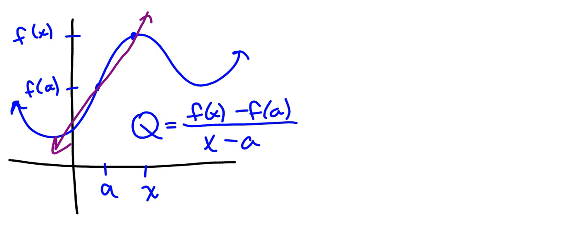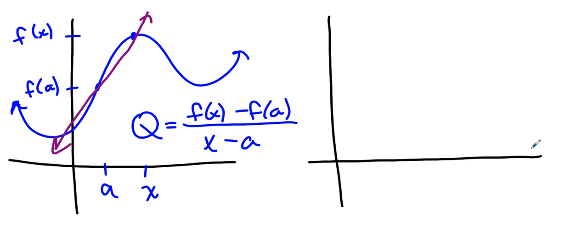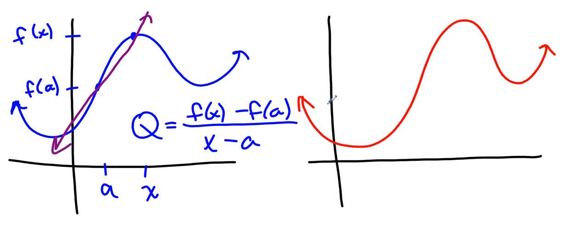There are other mathematicians who look at the question slightly differently. They say, all right, here's my function, and here's my point of interest. And then let's scooch over just a little bit. We're just going to move over by some tiny little bit. We're going to call that h, so that this number here is a plus h. And so this is the other point of interest.